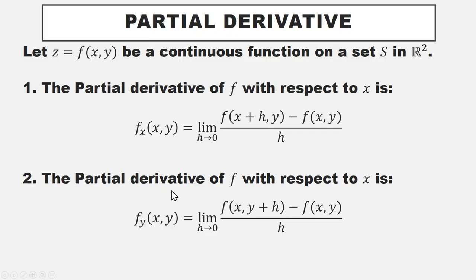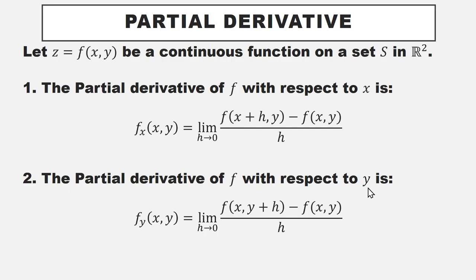Take the partial derivative of f with respect to y, that's f sub y, which is the limit as h goes to 0. We're going to keep x the same, and we're going to let y change by a very, very small amount.